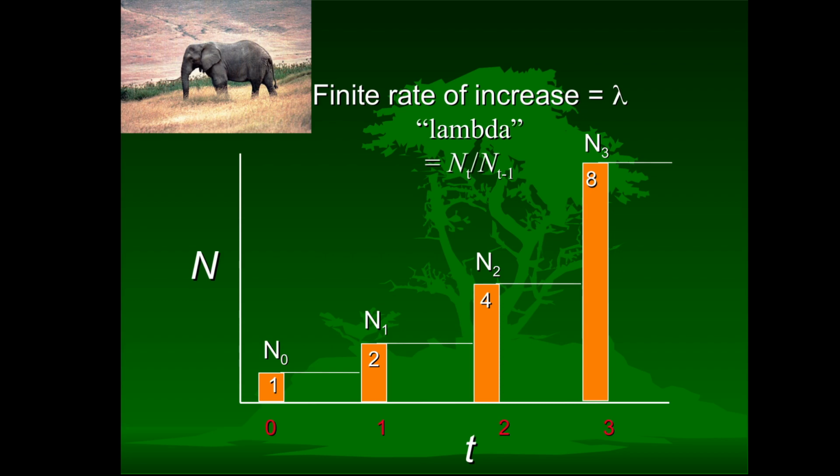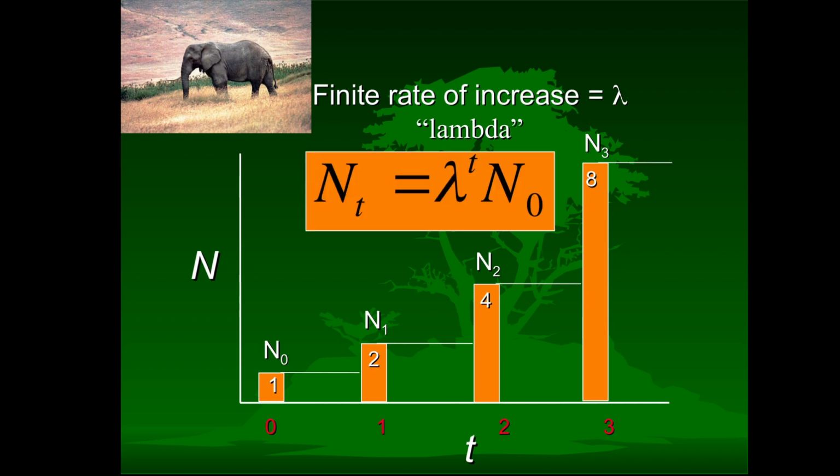And that's just equal to N at time t divided by N at time t minus 1. So to calculate the population after t generations, we just multiply the starting population by lambda taken to the tth power.